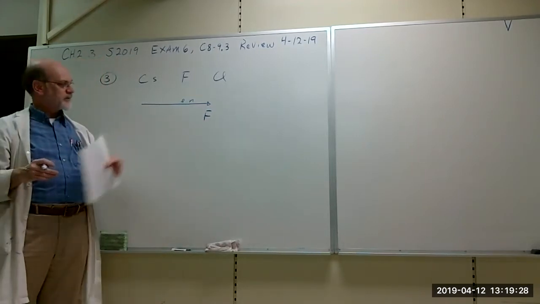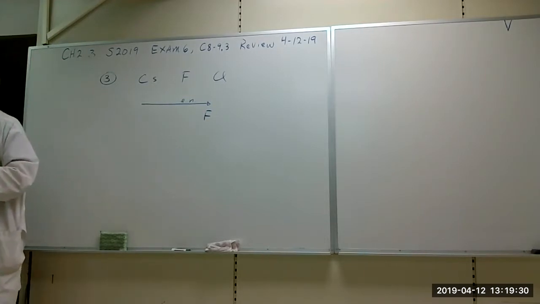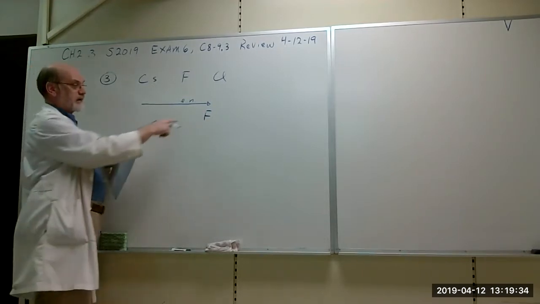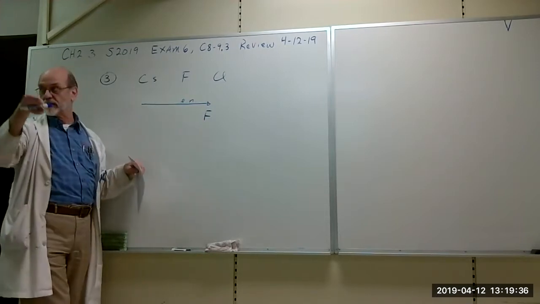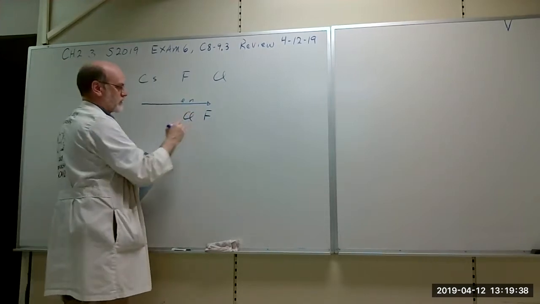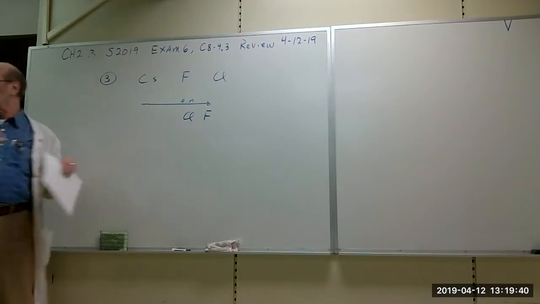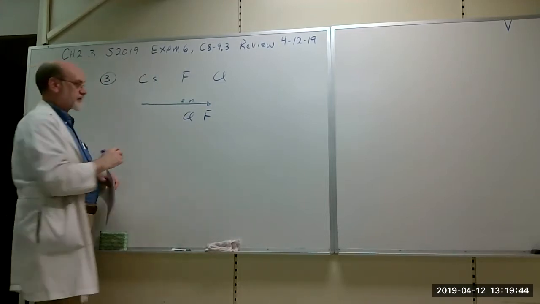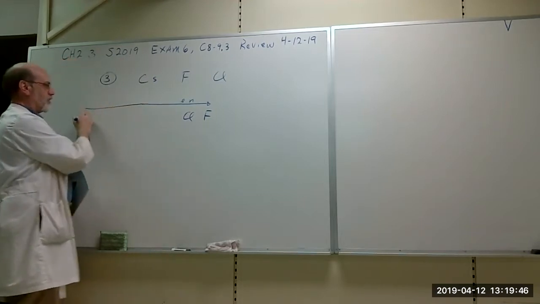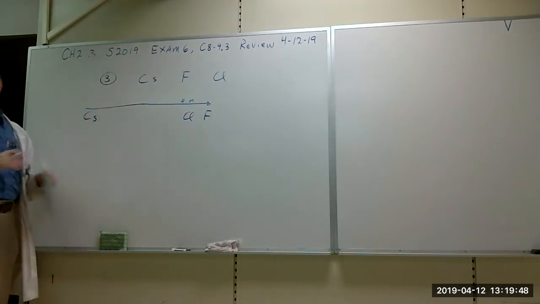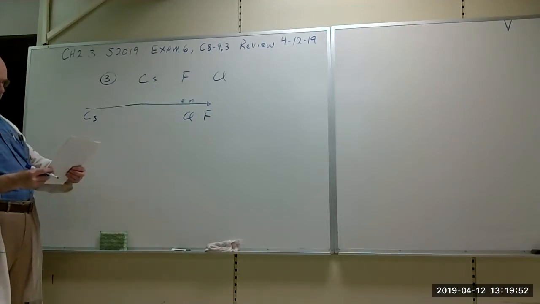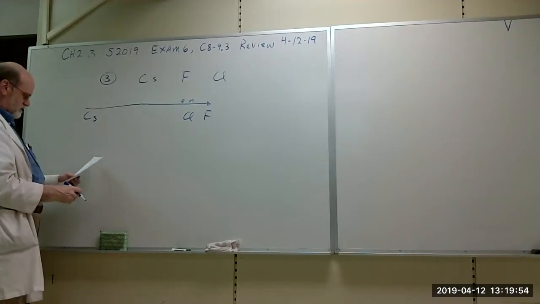What's its relationship to fluorine or cesium? Well, chlorine is just a little bit less electronegative than fluorine because it's right below it. So it'll be here. And cesium is way over on the left-hand side, the lower left corner. So it's going to be the least. It's going to be way over here. So let's see, that one is B. That's B.